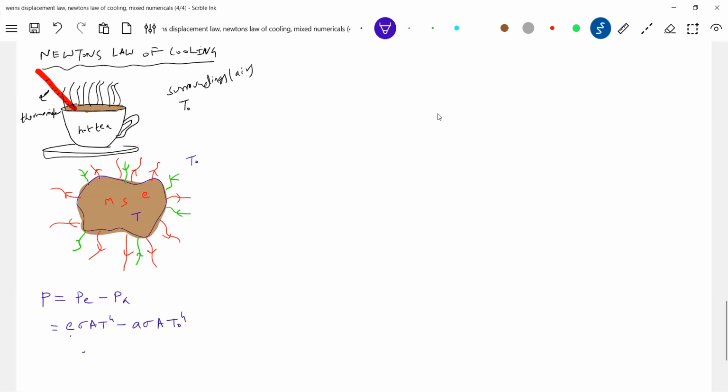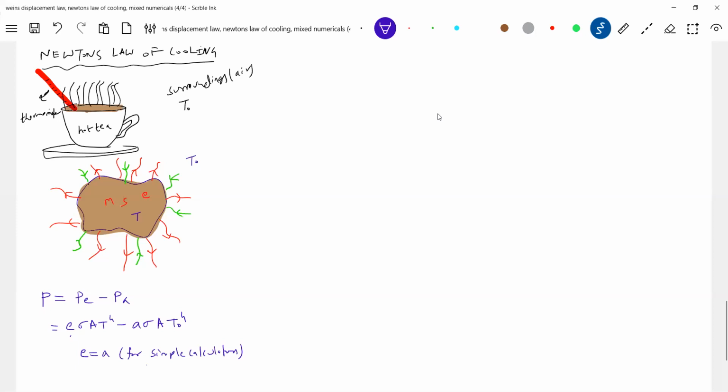For our convenience, we are writing E equal to A. Don't think that for a given body E must be equal to A; it is only for simple calculations.